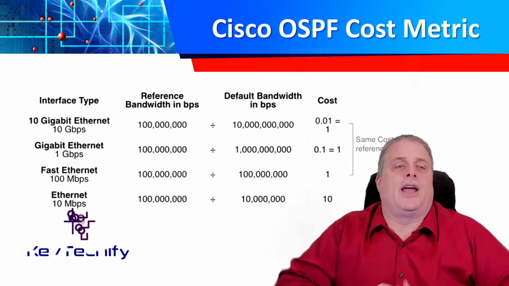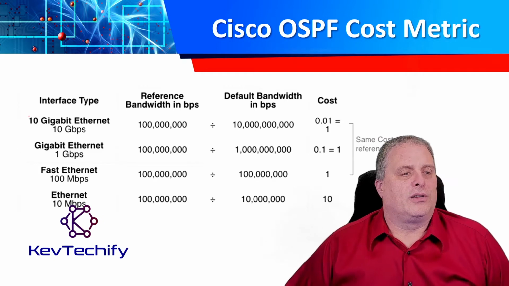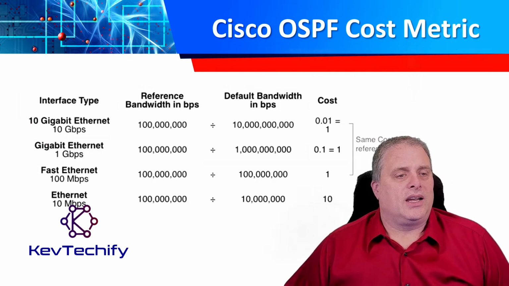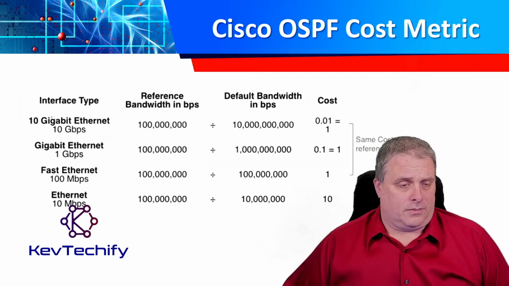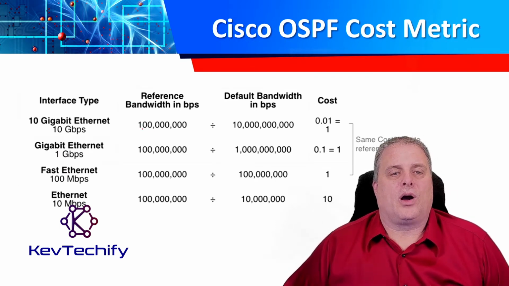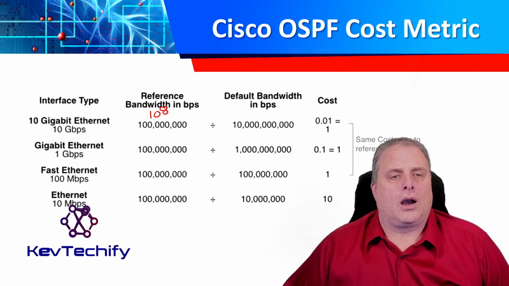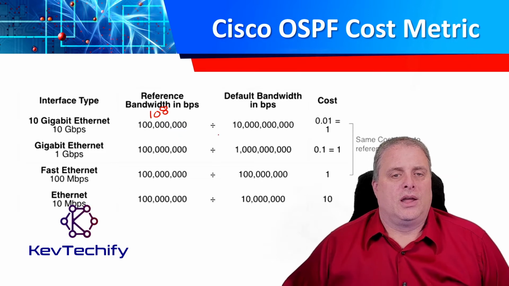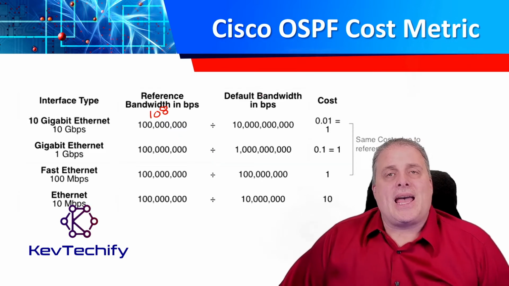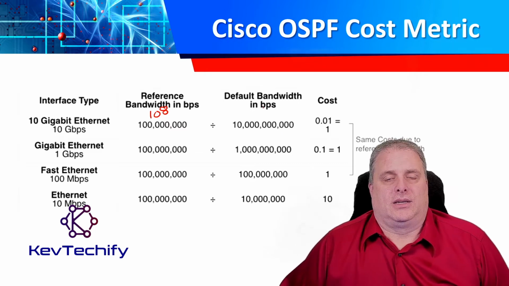Here's a chart that's going to help explain that. On the left side, we have our different interfaces. We have our 10 gig, our gig, our Fast Ethernet, and our Ethernet. We have our reference bandwidth. That was 10 to the 8th, or 100 million. Then we divide that by the actual bandwidth in bits per second.